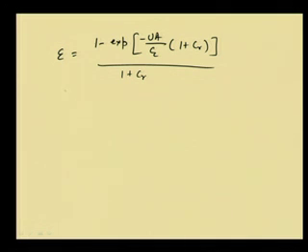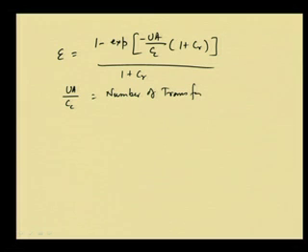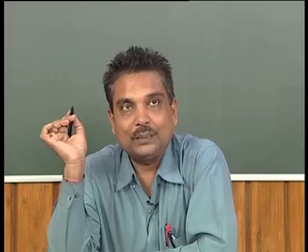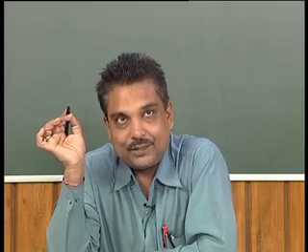Now, this UA by Cc is called the number of transfer units. So, the UA gives the amount of heat transferred per unit temperature difference. When there is a unit temperature difference, how much heat is transferred is given by UA. So, it is related to the heat exchanger size, and Cc is the flow rate.